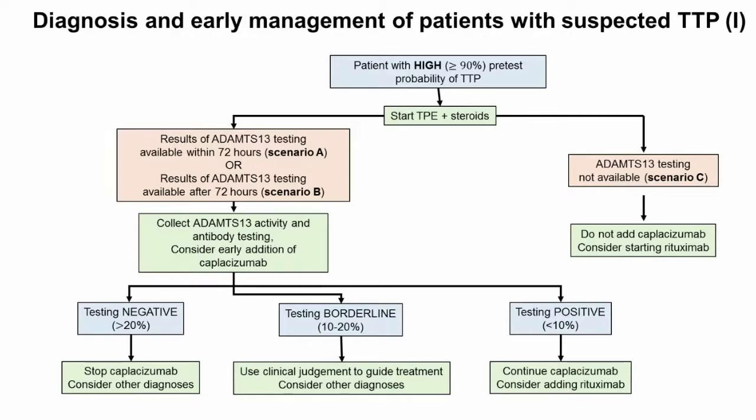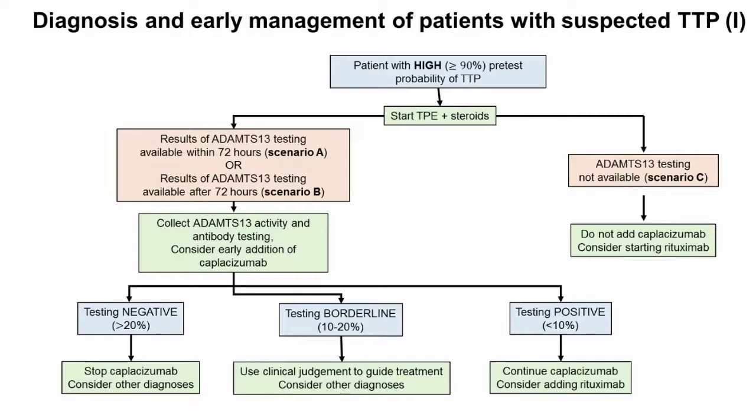So when the ADAMTS13 result does come back, if the ADAMTS13 is less than 10% with a positive inhibitor, you continue Caplacizumab and also add Rituximab. If the ADAMTS13 comes back greater than 20% or normal, you stop Caplacizumab in this case and consider other diagnoses.